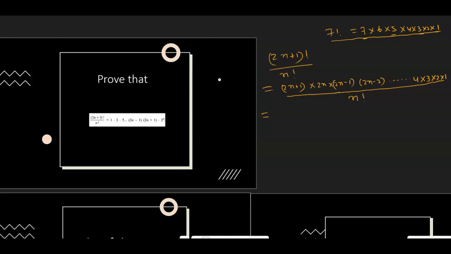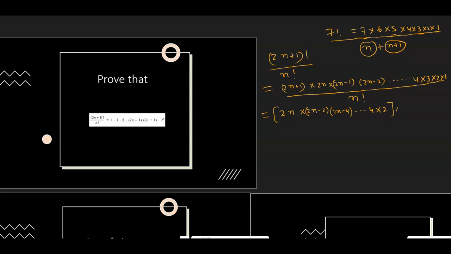So here 2n plus 1 is the sum of these two: n plus 1 odd factors and n even factors. When you collect all the even factors, they are 2n, 2n minus 2, then 2n minus 4, down to 4, 2, like this.